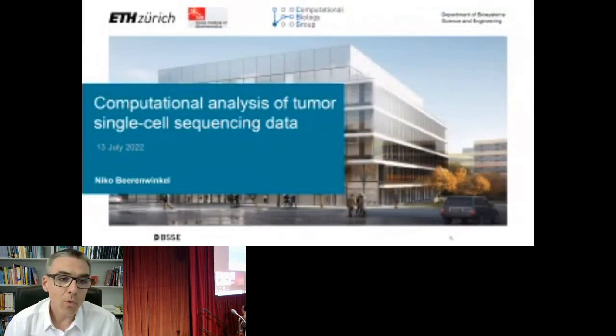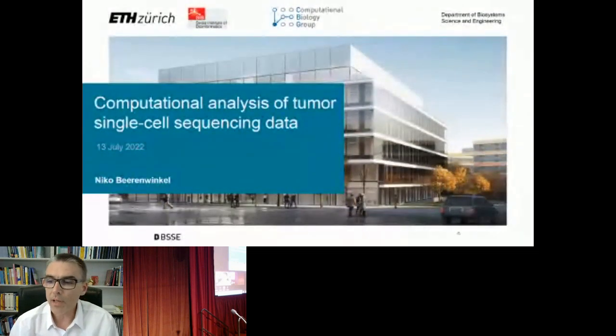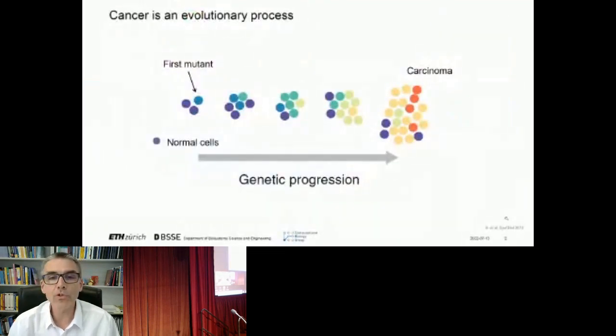Okay, so we are interested in tumor evolution, and in particular in modeling this process from single-cell sequencing data. So we have a very evolutionary perspective on oncology and on interpreting omics data from tumors.